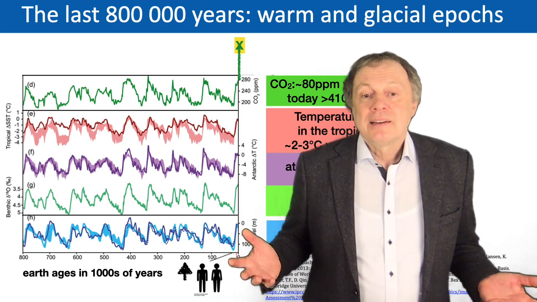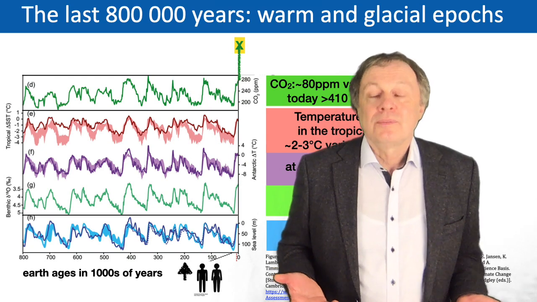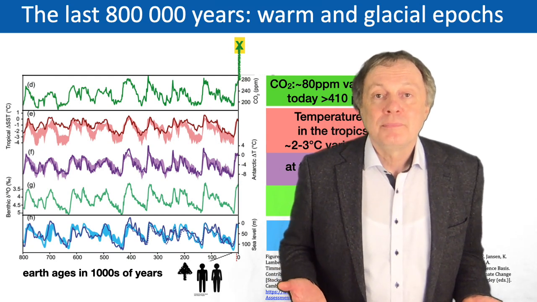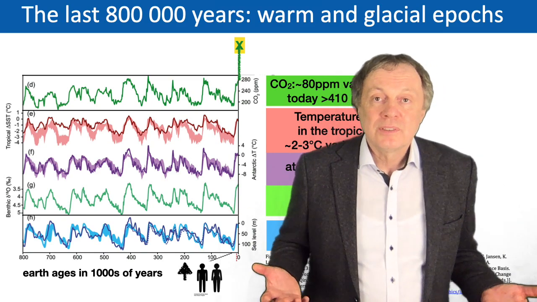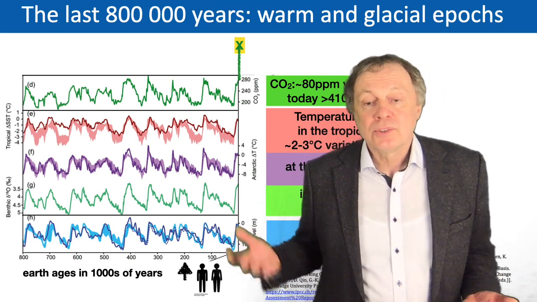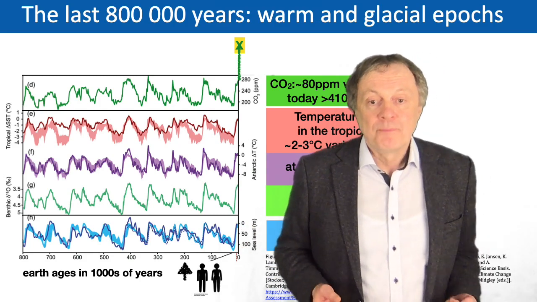On the other hand, why should the CO2 increase at the warm periods, and why should it go down in the glacial periods? So one question here is, of course, what is the cause and what is the effect? Is the CO2 the cause, or is the temperature the cause? We will come back to that.